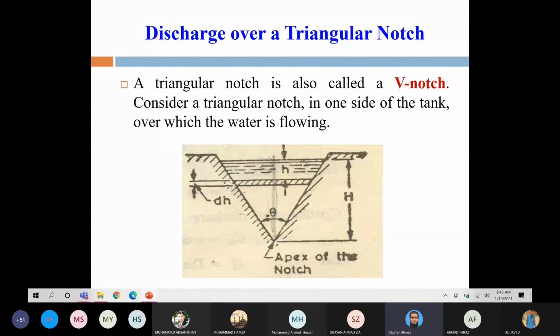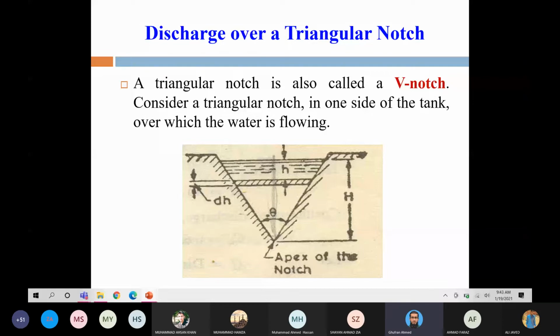Did you understand up to here? 2h tan theta by 2 is the width of the notch at the top water surface.